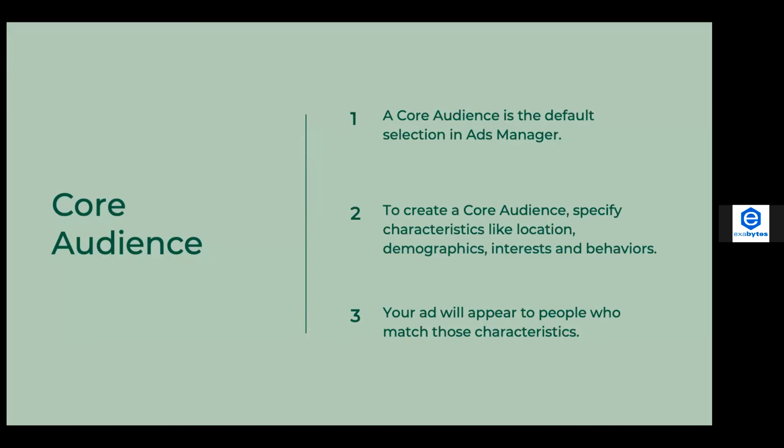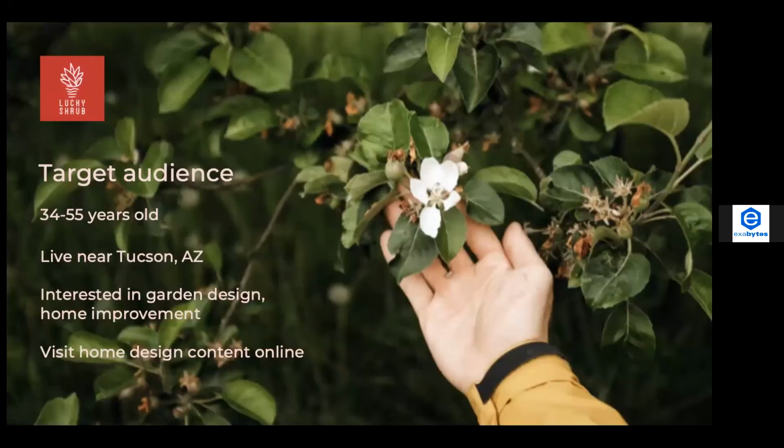So let's look at an example. The example on the screen is about a company called Lucky Shrub, a garden design company in Arizona. The marketing team wants to start a campaign to attract people who may be interested in their garden architecture as well as design services.